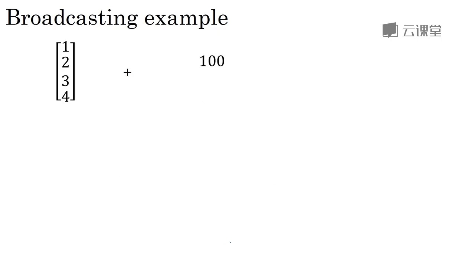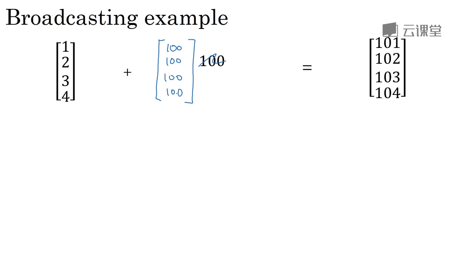If you take a 4x1 vector and add it to a number, what Python will do is take this number and auto-expand it into a 4x1 vector as well, as follows. And so the vector 1, 2, 3, 4 plus the number 100 ends up with that vector on the right. You're adding 100 to every element.